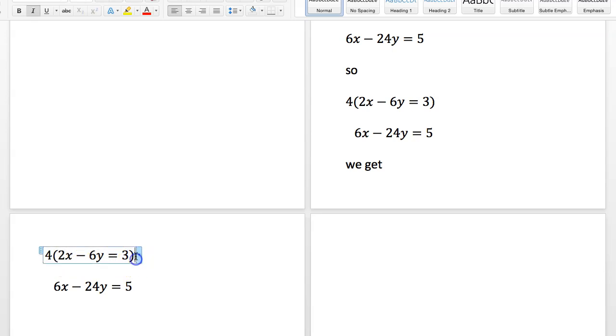Distribute 4 through. That's 12. That's 24. That was the reason why we did this. That's 8. Now, this has got to go. And then scoot back over a little bit. So there we go. And the whole reason we did this was to line up the 24s.